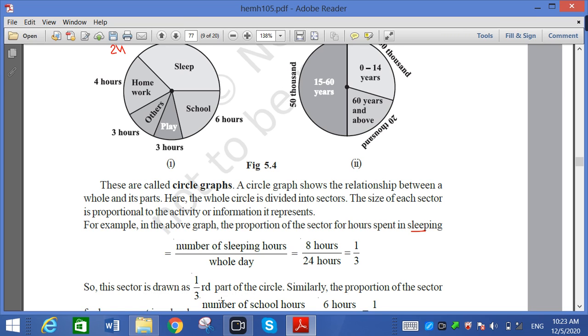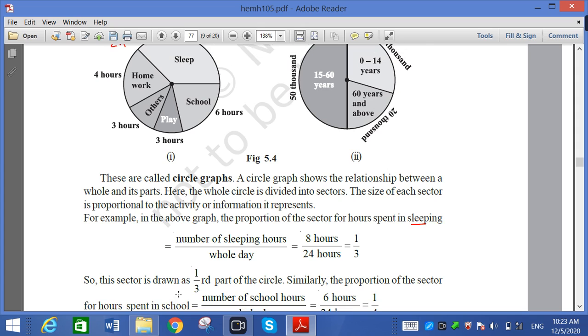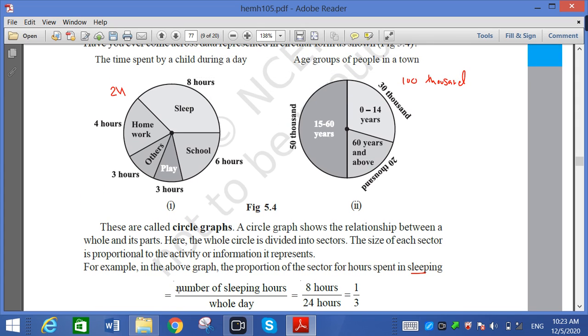Similarly, we find the proportion of the sectors, for example for school. If we find each event, 6 upon 24, and here 3 upon 24. We have to divide each by 24. If I divide by 24, we get 1 by 3, 1 by 4 fraction, or we can say sector.